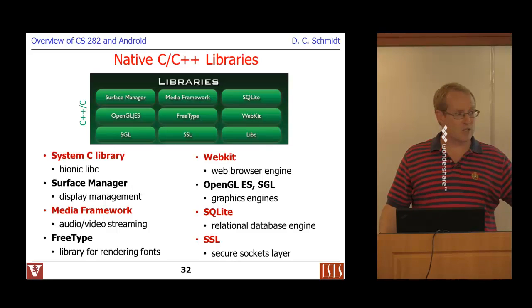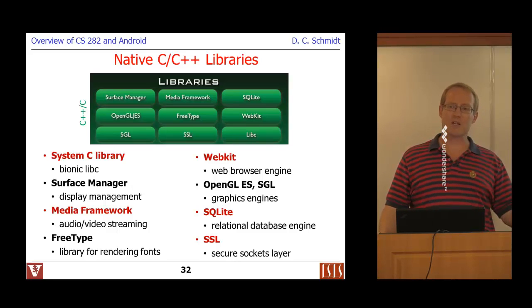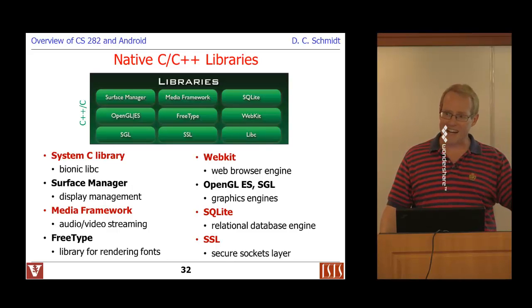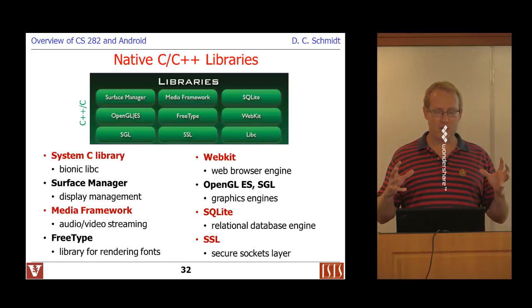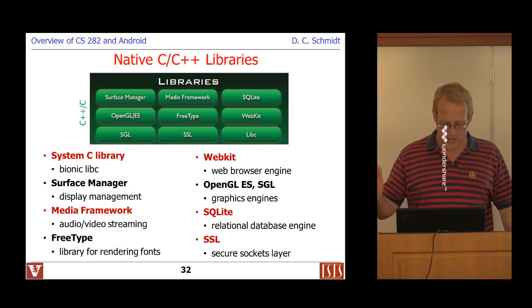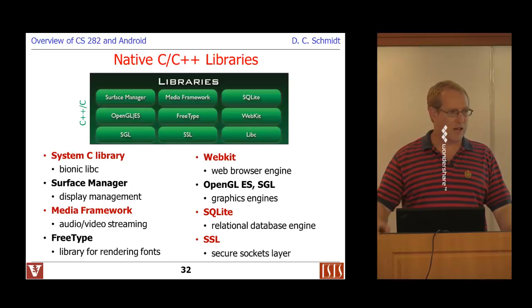So email messages, MMS messages, SMS messages, lots and lots of stuff have an SQLite. Contacts, calendar, all that stuff live in SQL tables on the device. There's ways of programming secure sockets, there's graphics engines, surface manager, and so on.